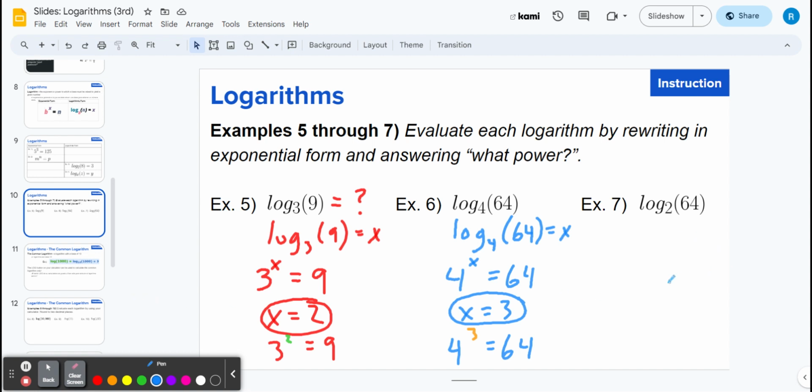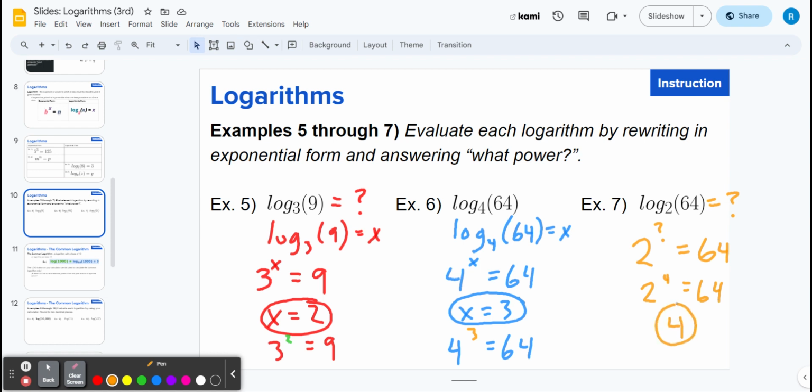And finally, the log base 2 of 64. If we're not using our x this time, maybe we just use a question mark. We have a base 2. We are raising it to some power. That is equal to 64. And we would need to raise 2 to the fourth power to get 64. So my answer there is 4.